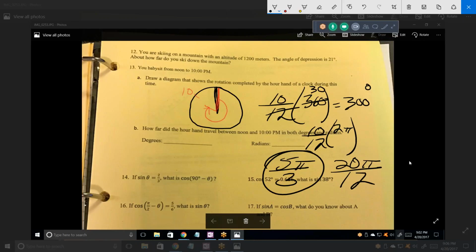Another way to look at these clock problems: what's the central angle measurement between every hour? You do 360 divided by 12, which is 30 degrees. Now, if I have to go 10 hours, 10 times 30 gives me my answer instantly. But a lot of times in doing these problems, you need this angle. The angle between 1 and 2 o'clock is 30 degrees, also between 2 and 3 o'clock, and so forth and so on.